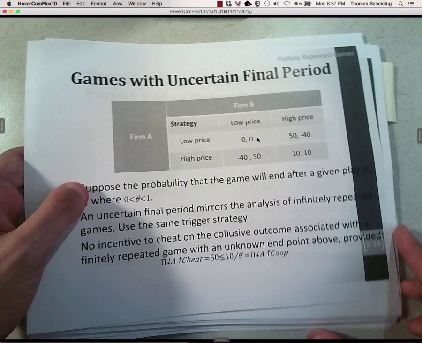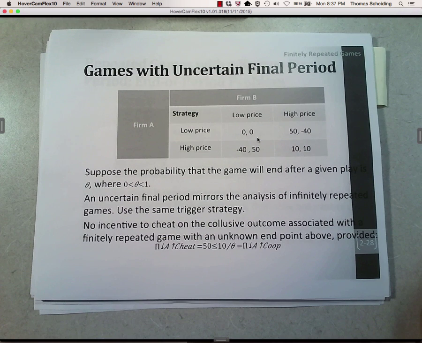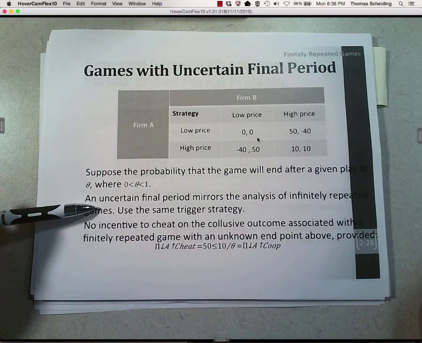I need to think about the probability that the game will end at a certain point. If the time period that the game is going to be played is an uncertain number of times, then I'm probably going to use trigger strategies.